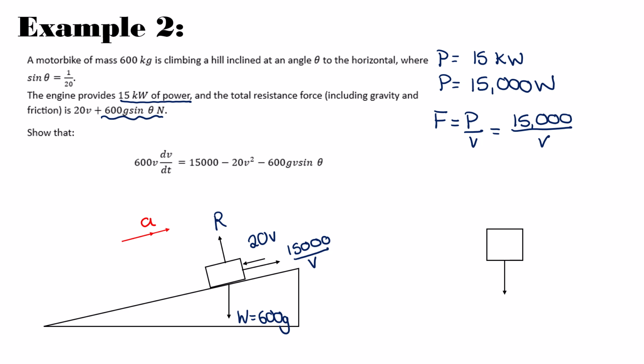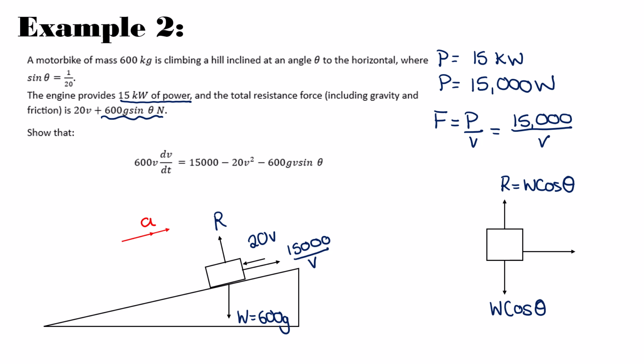We have part of the weight, which is acting down. That's going to be W cos theta. We then have reaction, which is going to be equal to that. If you need to go back over resolving your weight on inclines, the force video is linked in the description below.